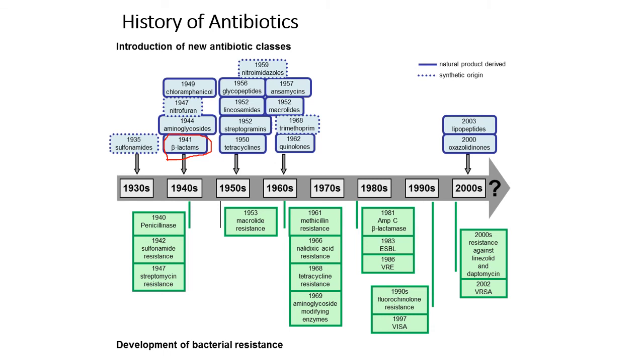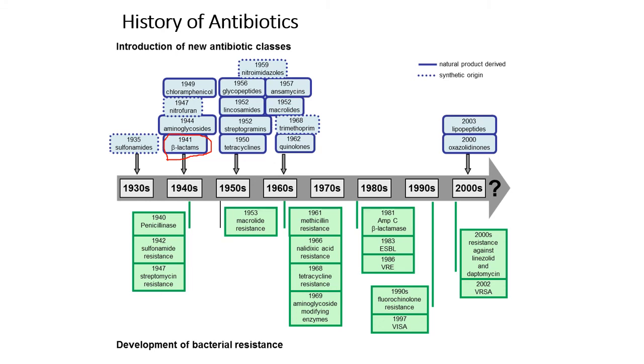In the 50s, we had the nitroimidazoles, glycopeptides, streptogramins, tetracyclines, quinolones, all of which are still in use today. Although, again, we see here that macrolide resistance was seen in 53. The first resistance to methicillin was seen in 61, and so on and so on. Then there's a bit of a gap in new antibiotic discovery.